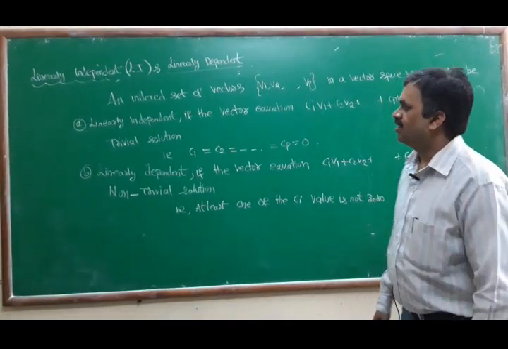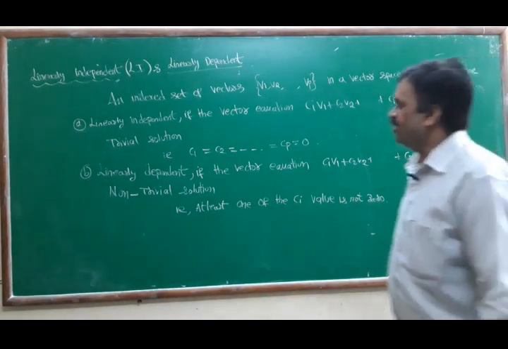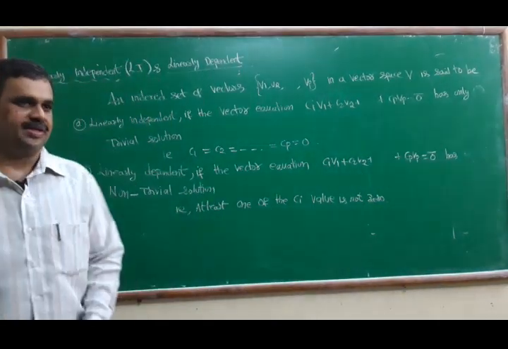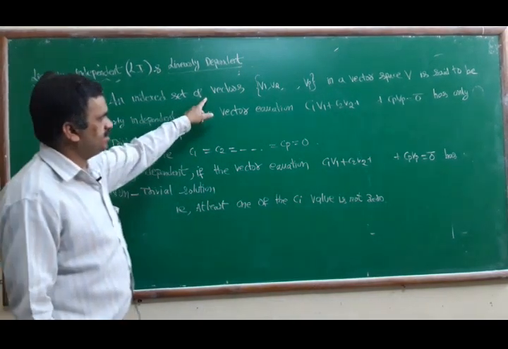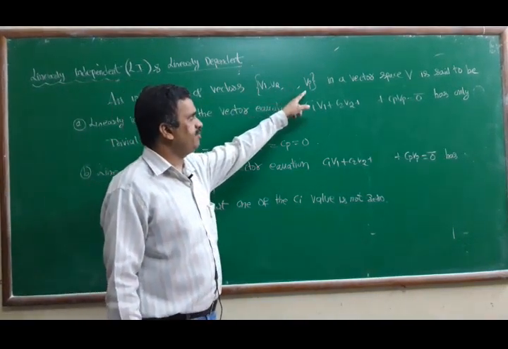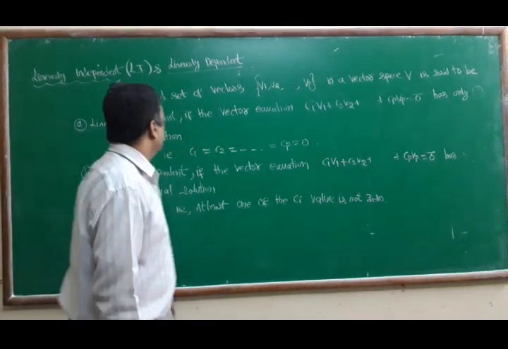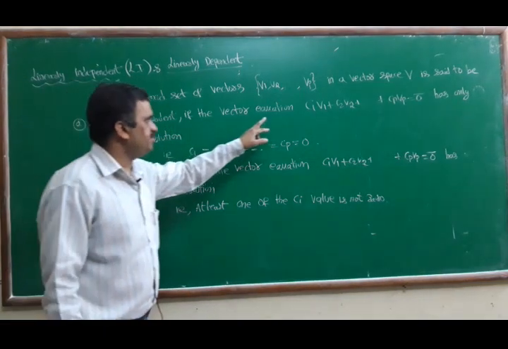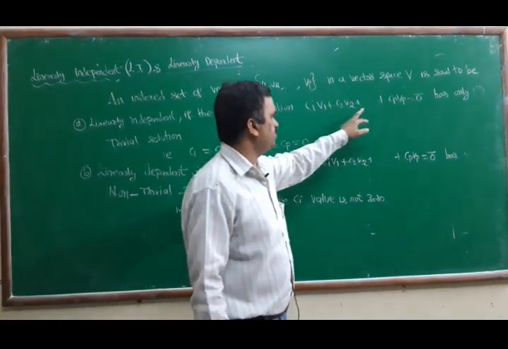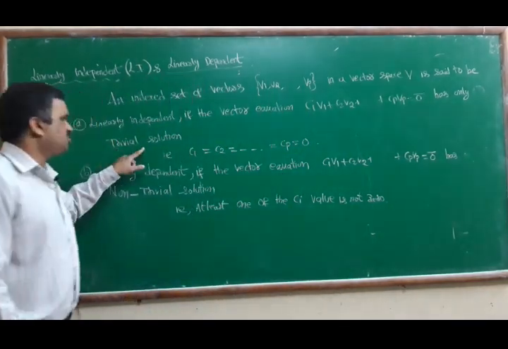Next definition: linearly independent and linearly dependent. An indexed set of vectors v1, v2, and so on, vp, p vectors we are considering in a vector space V, is said to be linearly independent if the vector equation c1 v1 plus c2 v2 plus so on cp vp equals 0 bar has only the trivial solution.